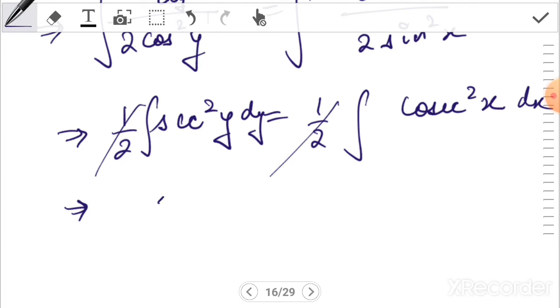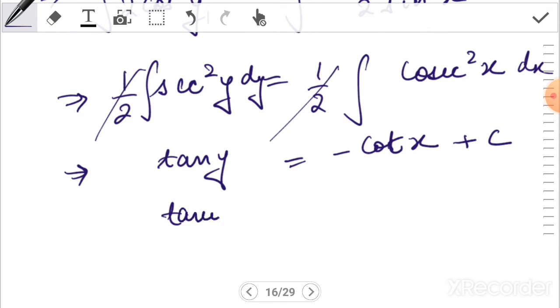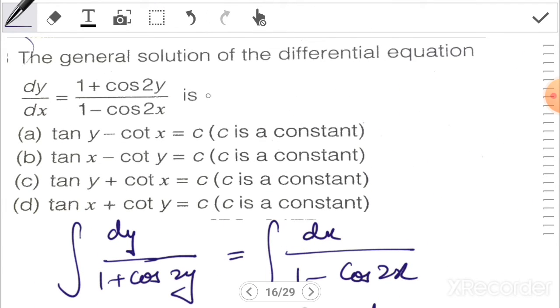So now integrating, we have tan y is equal to minus cot x plus some constant c. So that means tan y plus cot x is equal to c is the solution of this differential equation, right? So this matches our answer. C is the right answer. Let us go to the next problem.